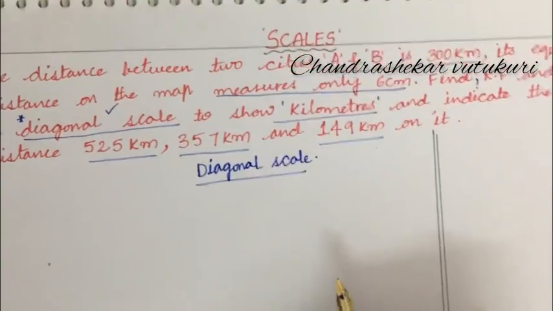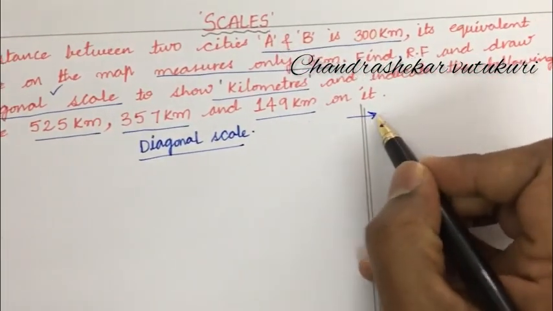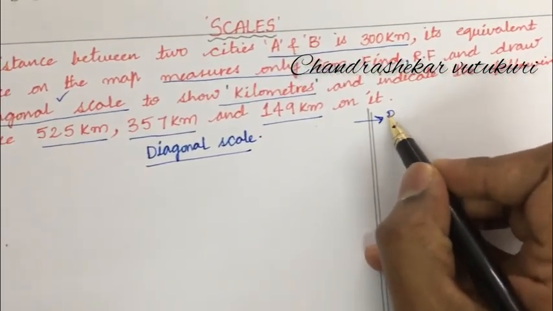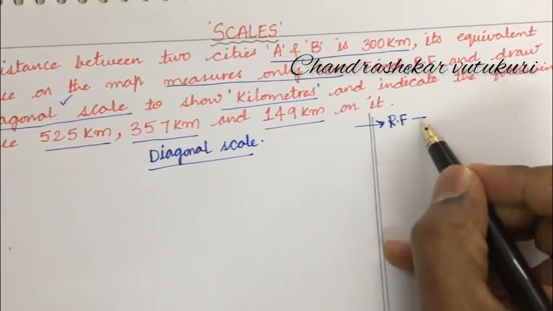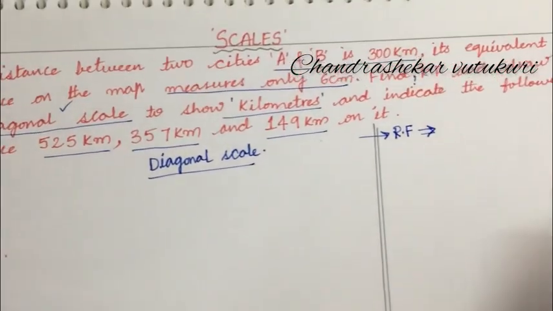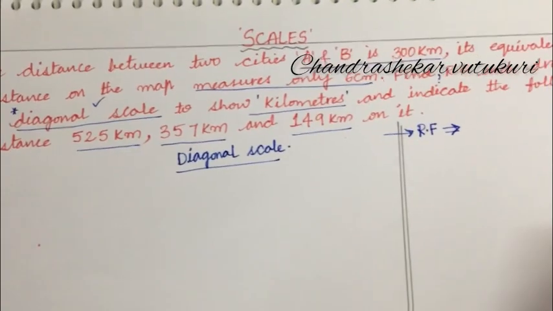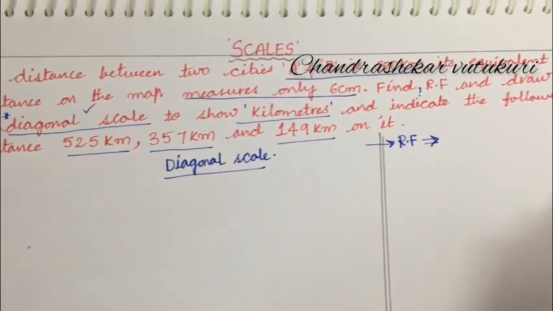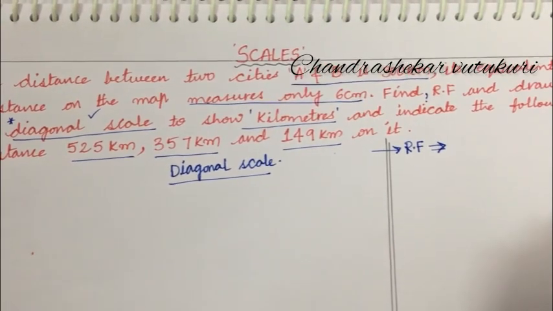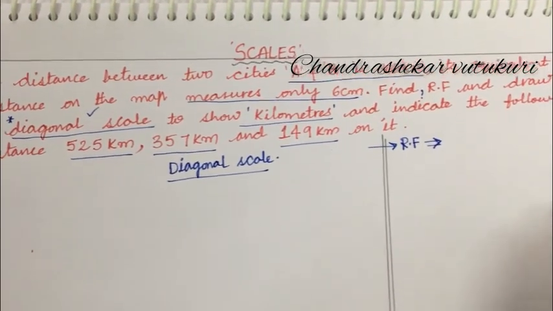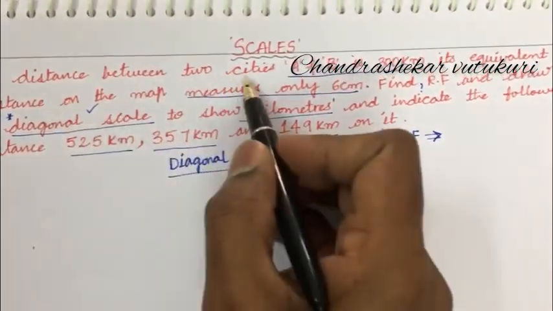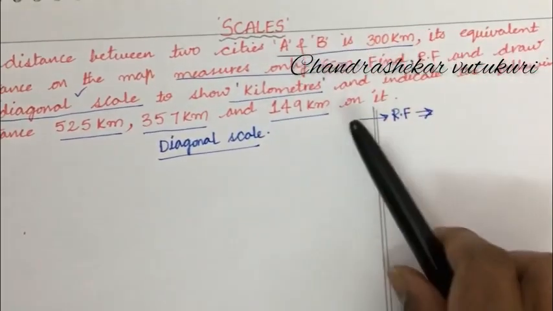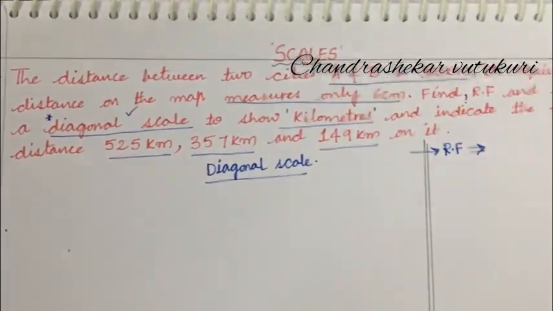What we are supposed to work out here is the RF, whether or not it is given. The representative factor, or the scaling factor, is defined as the length of the drawing on the scale to that of the actual length. The distance between two cities is 300 kilometers.